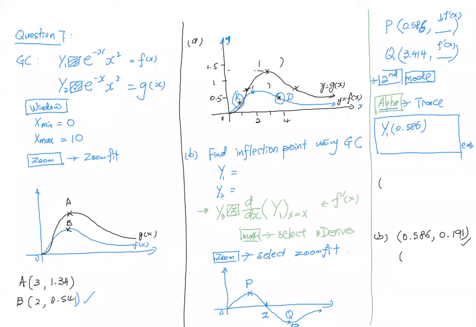So then the other point. You do the same for this one. Now you key in Y1. You can put second enter, then you change this number to 3.414. Can or not?